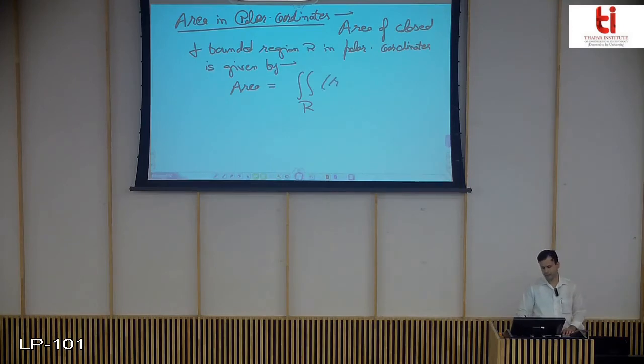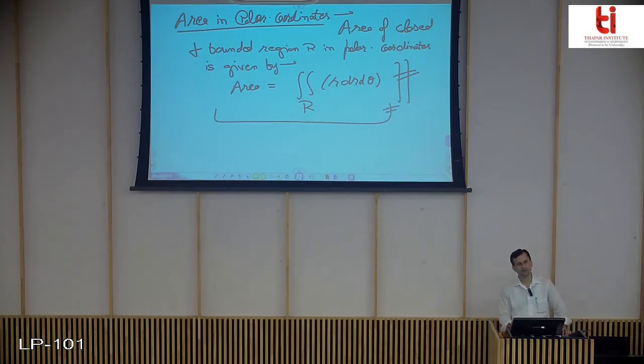Here since dA, that is dx dy, is equal to r dr d theta, the area comes out to be the double integral over the region of r dr d theta. So be careful about this, here it is r also. These are the main two things that we will be doing in polar coordinates.